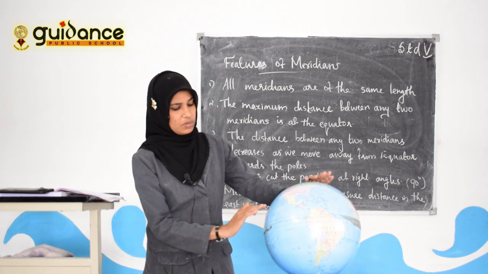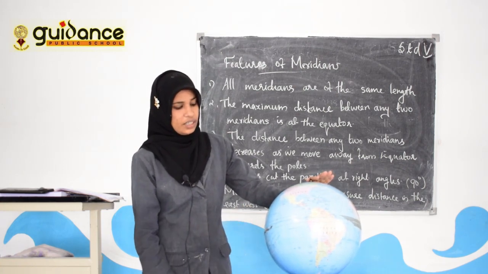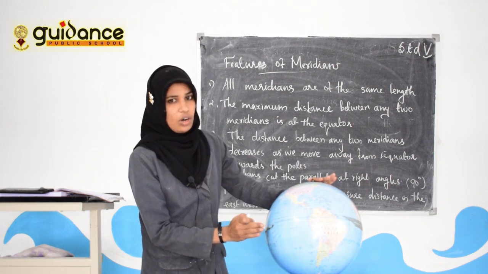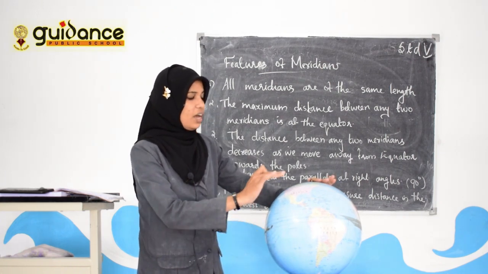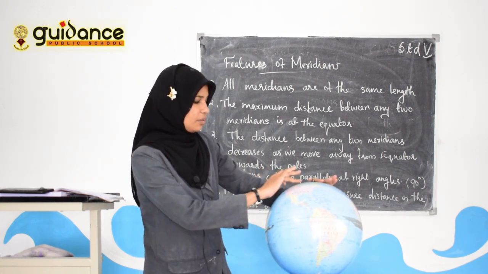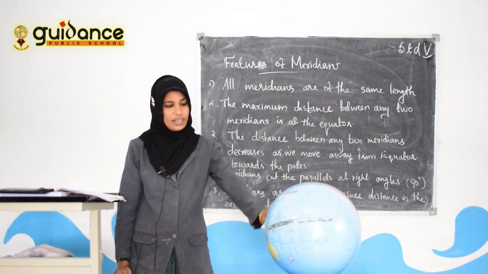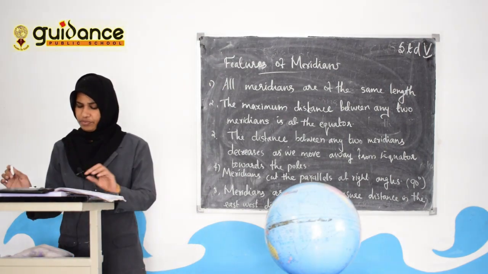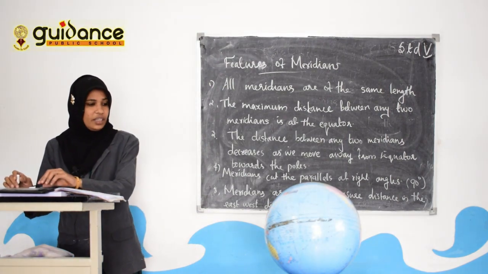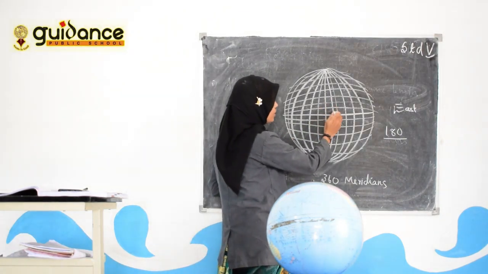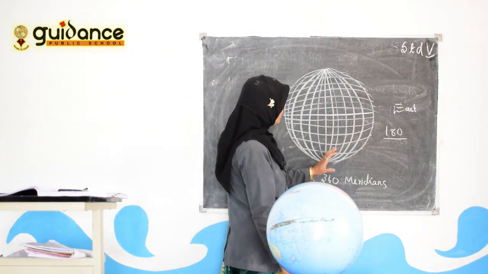Then what is the difference between both of them? The equator divides the earth horizontally and the prime meridian divides the earth vertically. These are the differences. Then like parallels, meridians are also drawn at the interval of 1 degree.